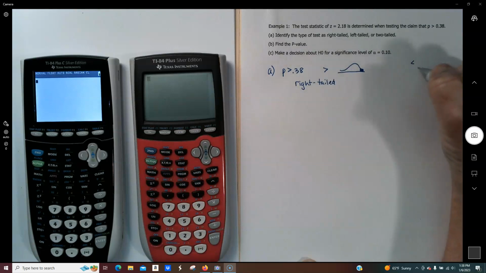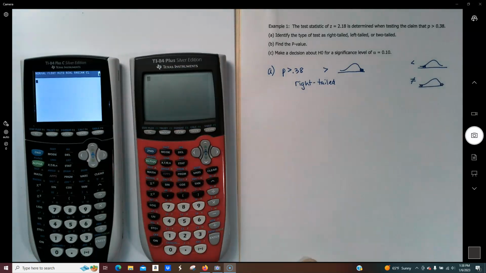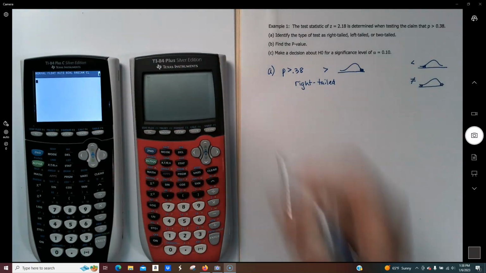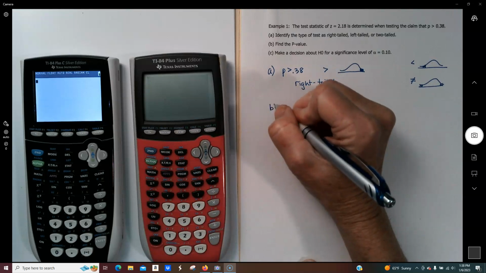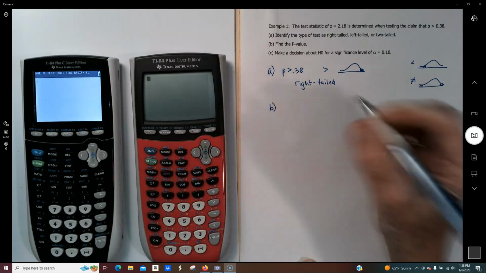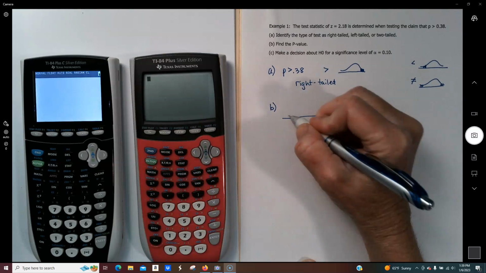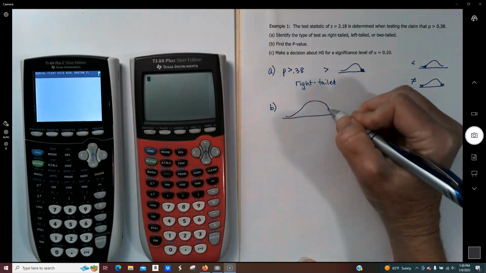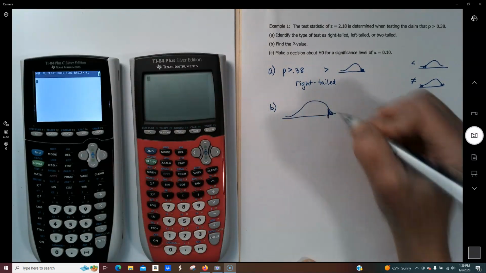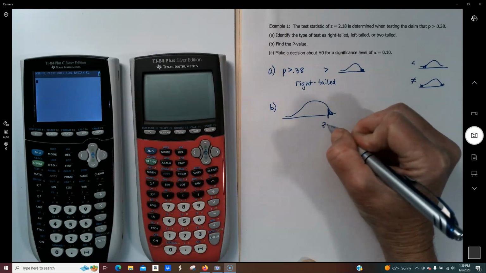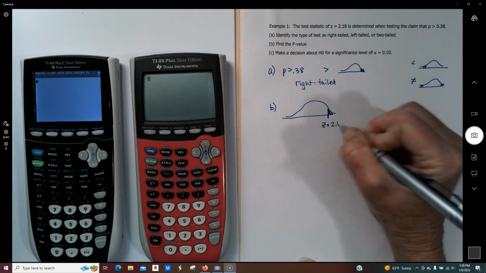A less than symbol is a left-tailed test, and a not equal to symbol is a two-tailed test. We're going to find the p-value. This means we want the area in the tail based on z equals 2.18.